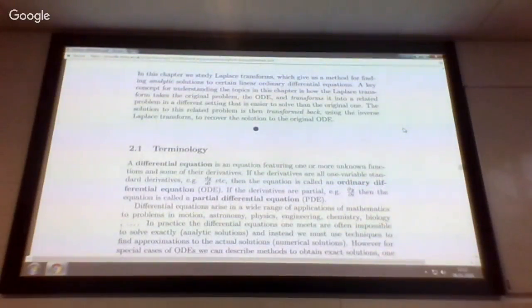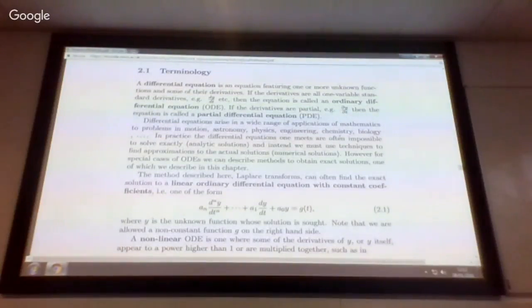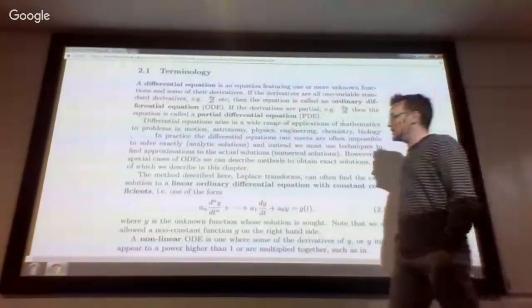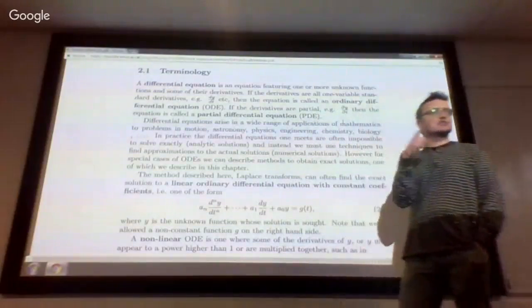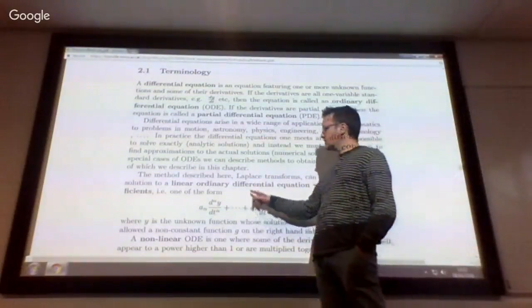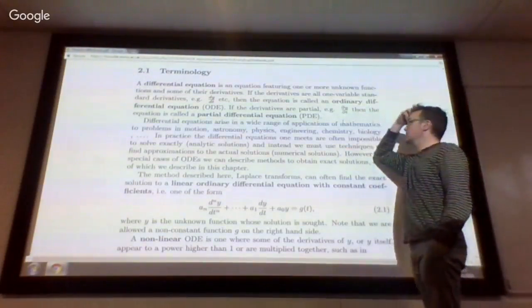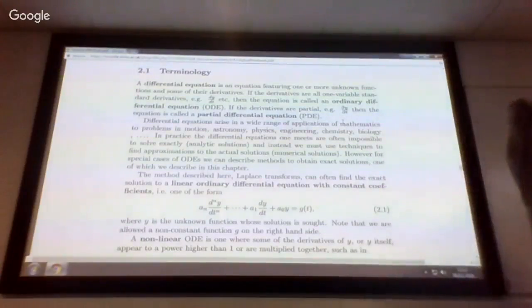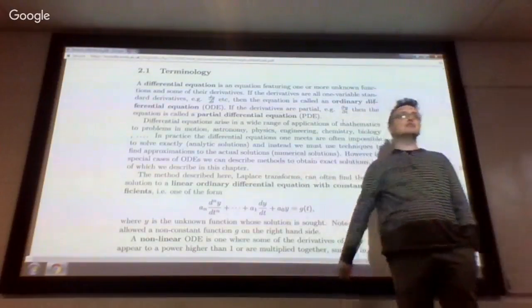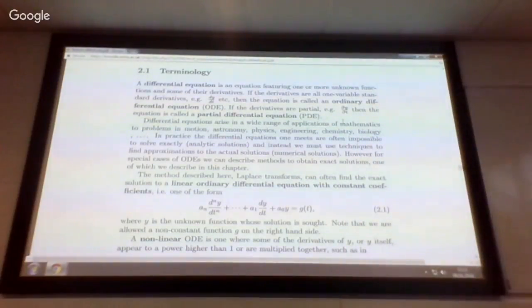So a bit of terminology. I talked about a differential equation. We call it an ordinary differential equation if the unknown function is a function of just a single variable, and so these derivatives are just the normal single variable derivatives. On the other hand, a partial differential equation is where the unknown function is a function of 2 or more variables, and so the derivatives appearing in the equation are partial derivatives.